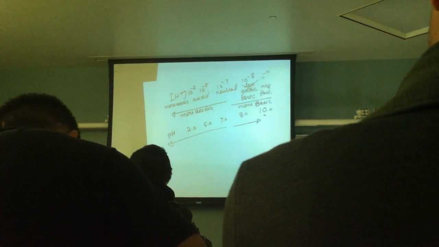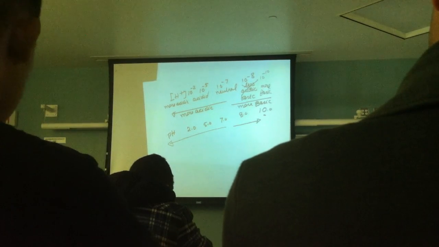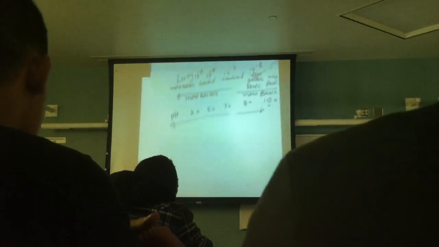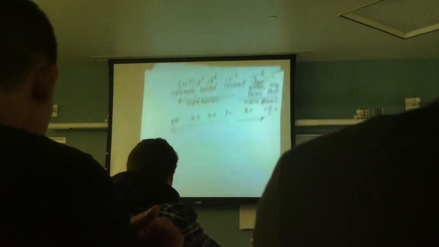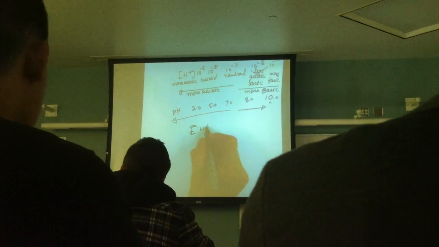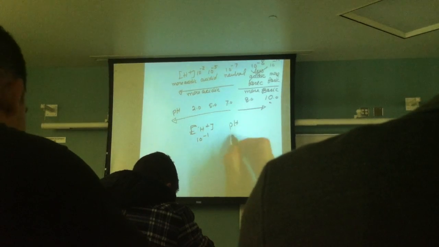That would take us back to page 4. Let's look at page 4. The hydrogen ion is 10 to a -1. pH is 1.